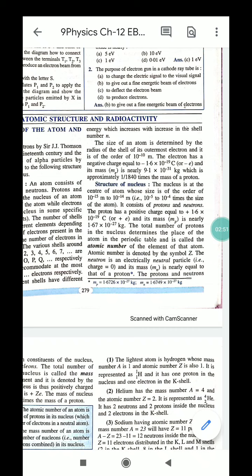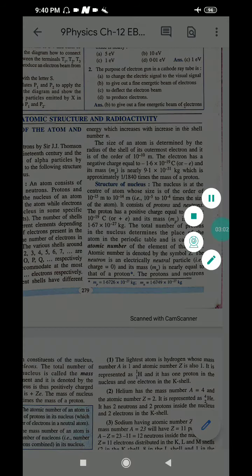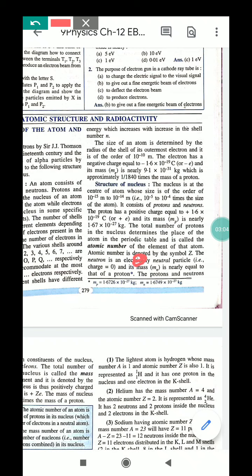Now the structure of nucleus. Now we will read about the structure of nucleus. The nucleus is at the center of the atom. As we have seen, the nucleus is at the center of the atom, and around it the shells are there. Its size is of the order of 10 to the power minus 15 meter to 10 to the power minus 14 meter.